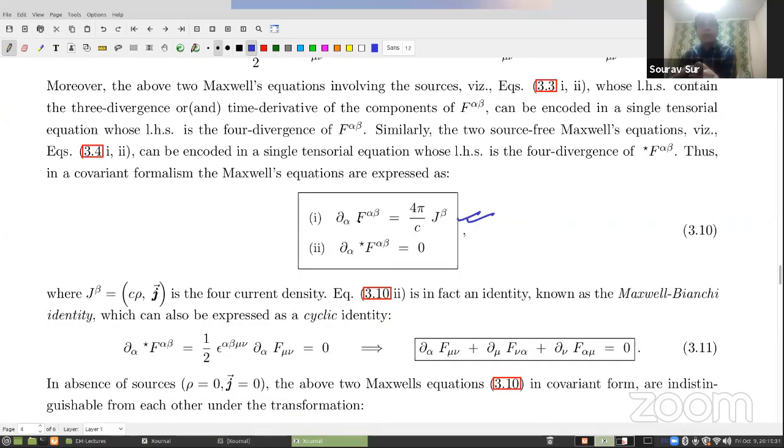You see, the free index is beta. So one component is del alpha F alpha 0 equal to 4 pi over c J0. And the other component is del alpha F alpha i equal to 4 pi over c Ji.